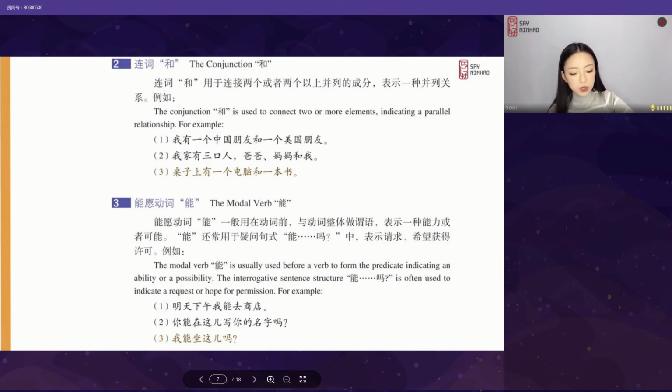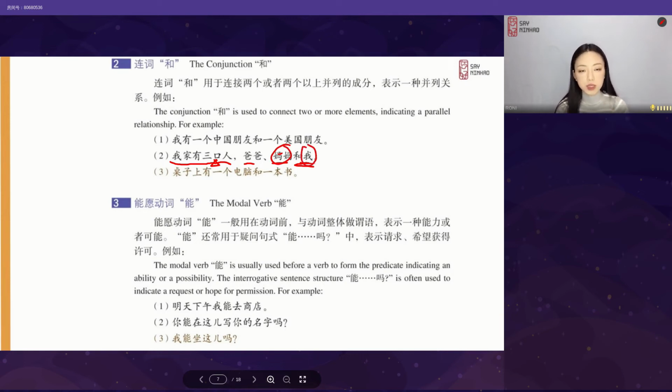Next one is really special. 我家有三口人。It means there are three people in my family. 口 is the measure word for family members, right? And 爸爸妈妈和我. There are three elements in this sentence that we need 和 to connect. So when there are more than two elements, we will use 和 just between the last two elements.